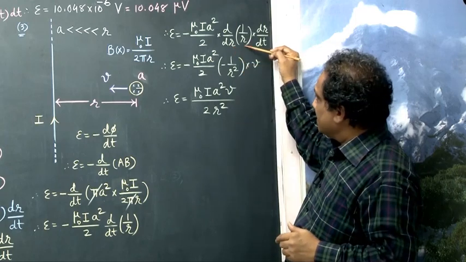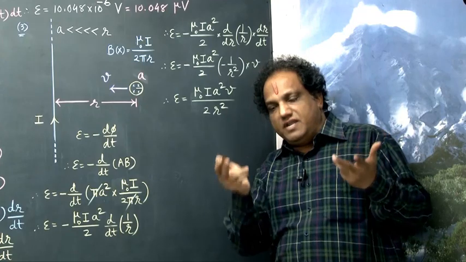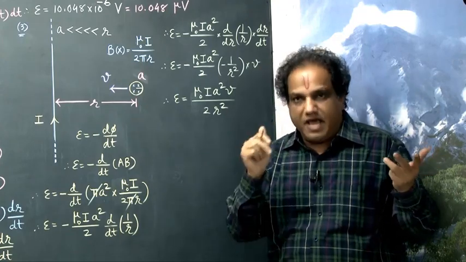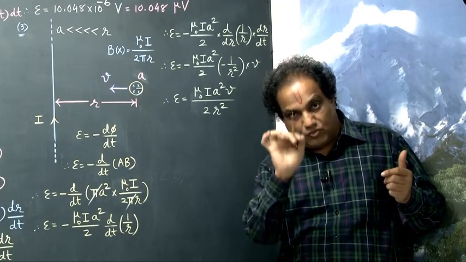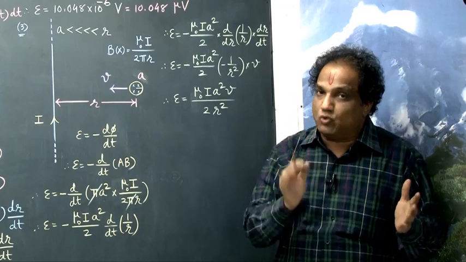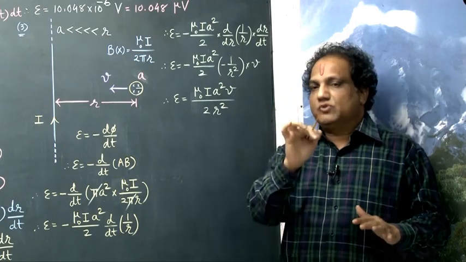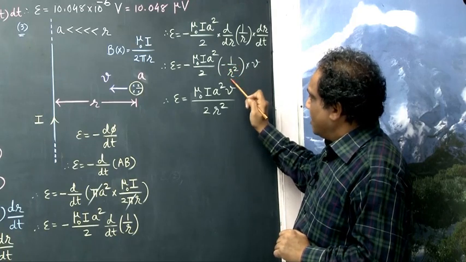How? If you take this r up, it will be r raised to minus 1. Then you know d by dr of r raised to n is n into r raised to n minus 1. Similarly here, minus 1 into r raised to minus 1 minus 1. That is minus 1 into r raised to minus 2. Bring it down in the denominator. So you will get minus 1 upon r square. That's why I am putting here minus 1 upon r square.